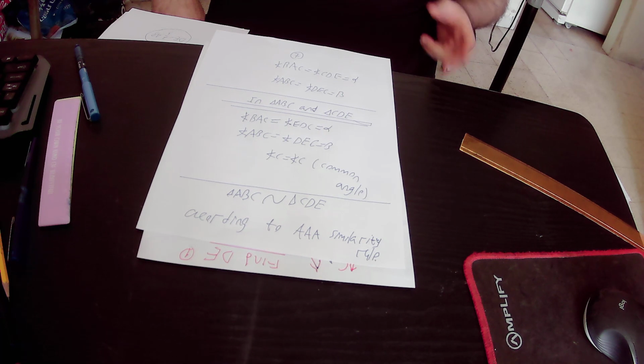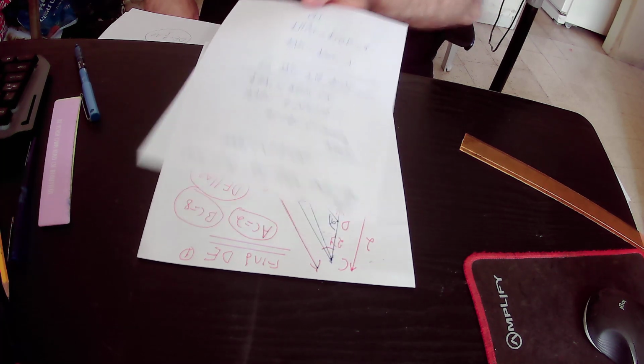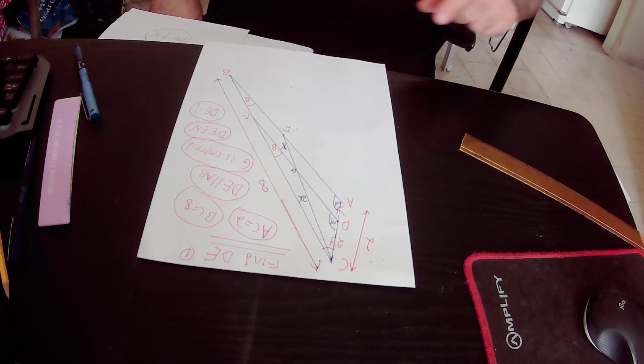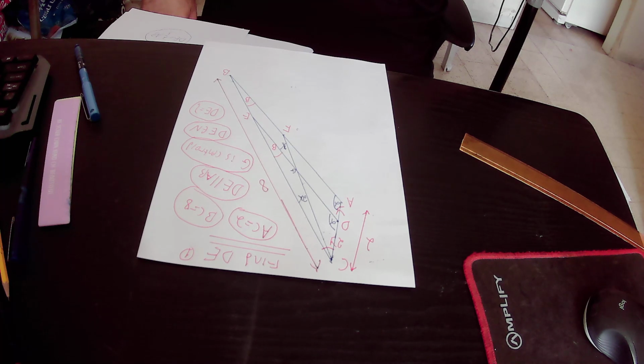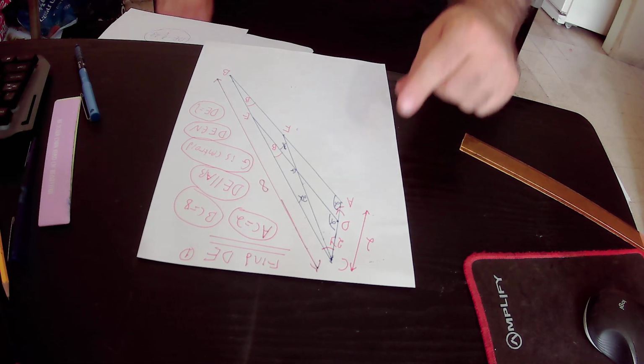The angle similarity rule states that if you prove that three angles of one triangle are equal to three angles of the other triangle, then those two triangles are similar to each other.